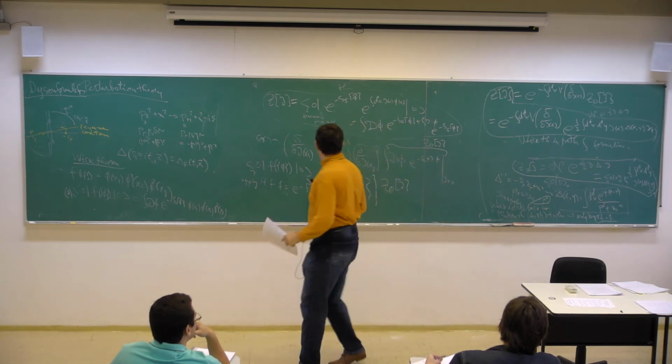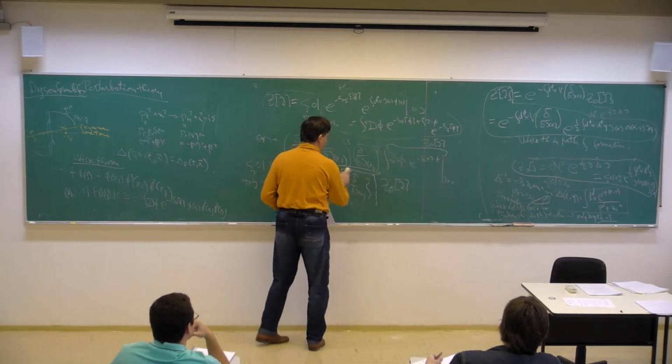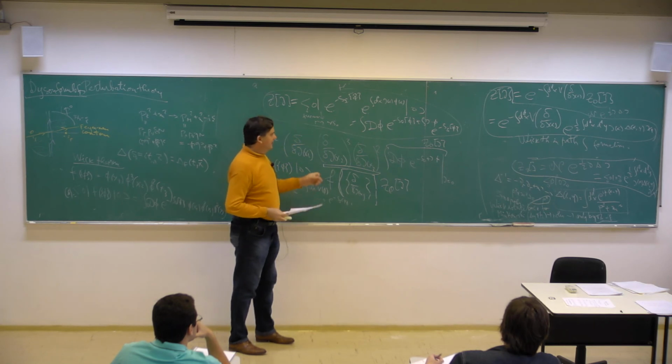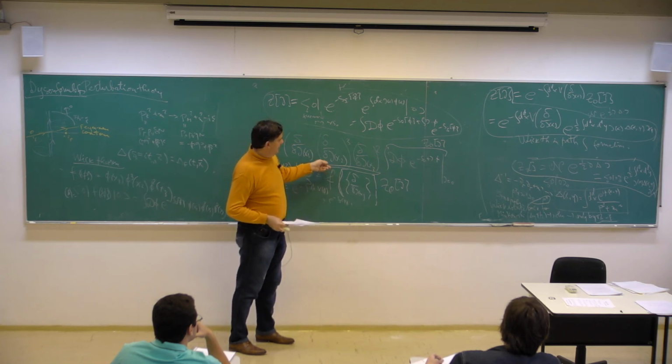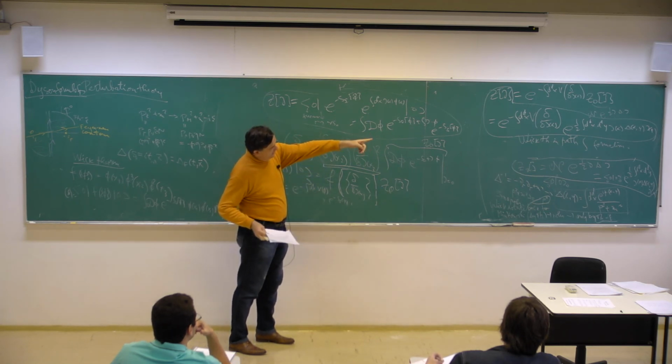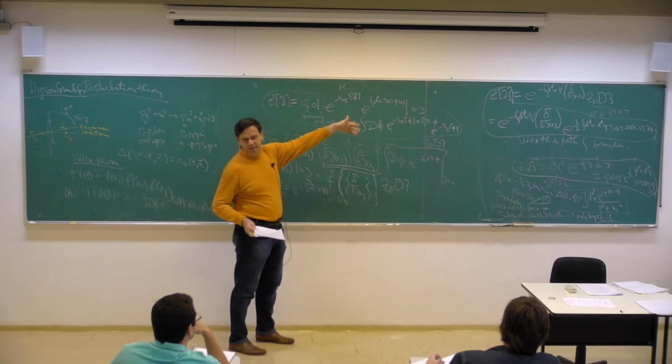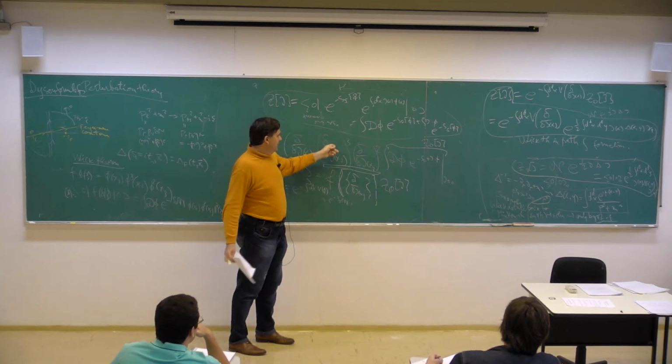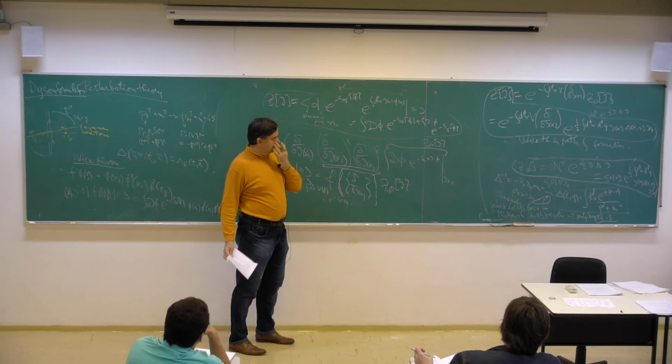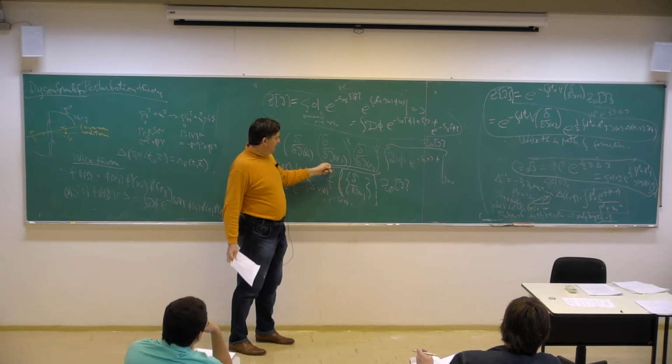Well, you should have cried foul already when I wrote this. This is basically what this is, because I have there V of δ/δJ, which is something like phi cubed, phi fourth, and so on. This came from phi cubed, this from phi squared, and so on. You should have cried foul when I wrote this already, because this is understood as a limit, right?